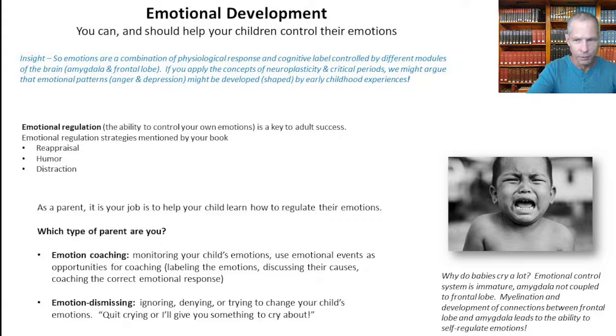Sit down, write them down on a piece of paper, write out what you typically do, write a more positive response based on either reappraisal, humor, or distraction, memorize that response, and then whenever you hit the trigger event, if you get good at identifying the trigger, you ask, hey, this is one of my situations, what do I typically do? How am I going to respond this time? And you can train yourself to be a little bit more emotionally controlled.